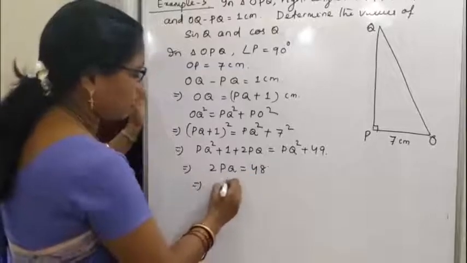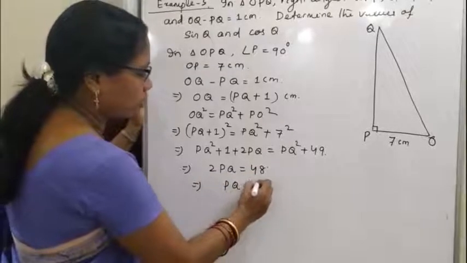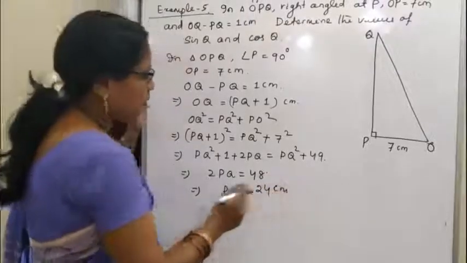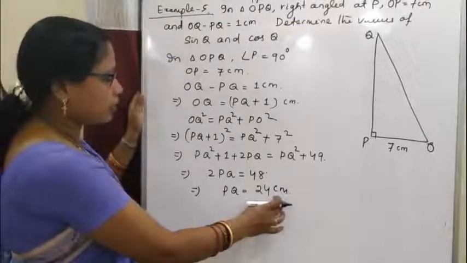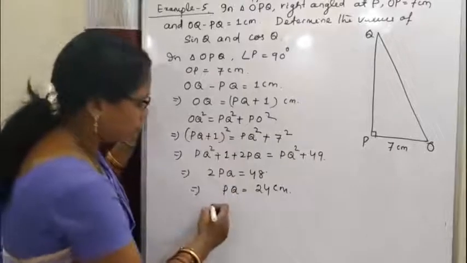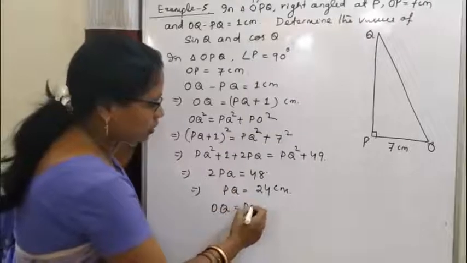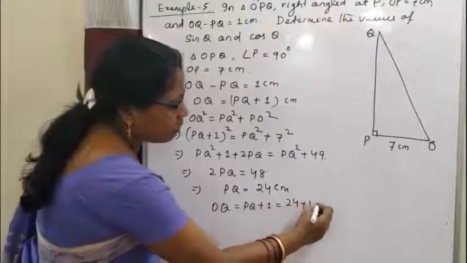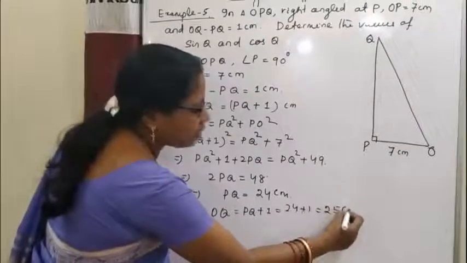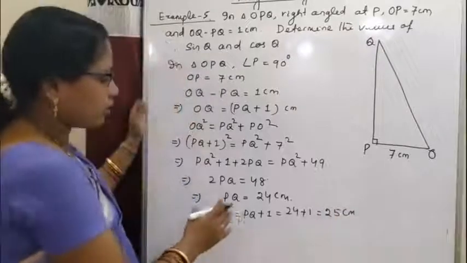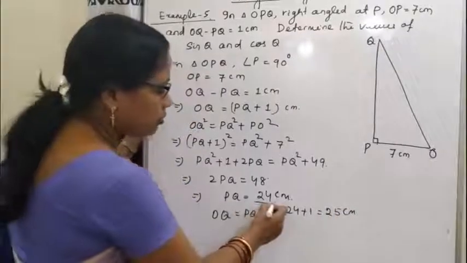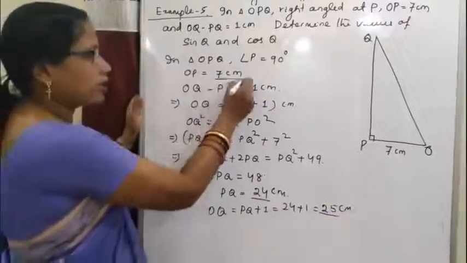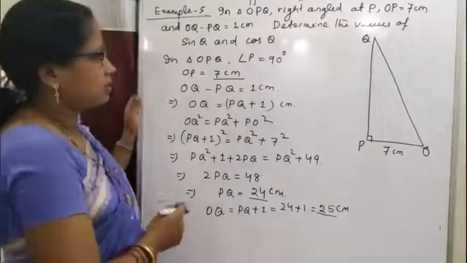So this implies PQ is equal to 24 centimeter. So if PQ is equal to 24 centimeter, then OQ is equal to PQ plus 1, that is 24 plus 1, that is 25 centimeter. So we got the three sides: PQ is 24 centimeter, OQ is 25 centimeter, and OP is equal to 7 centimeter.